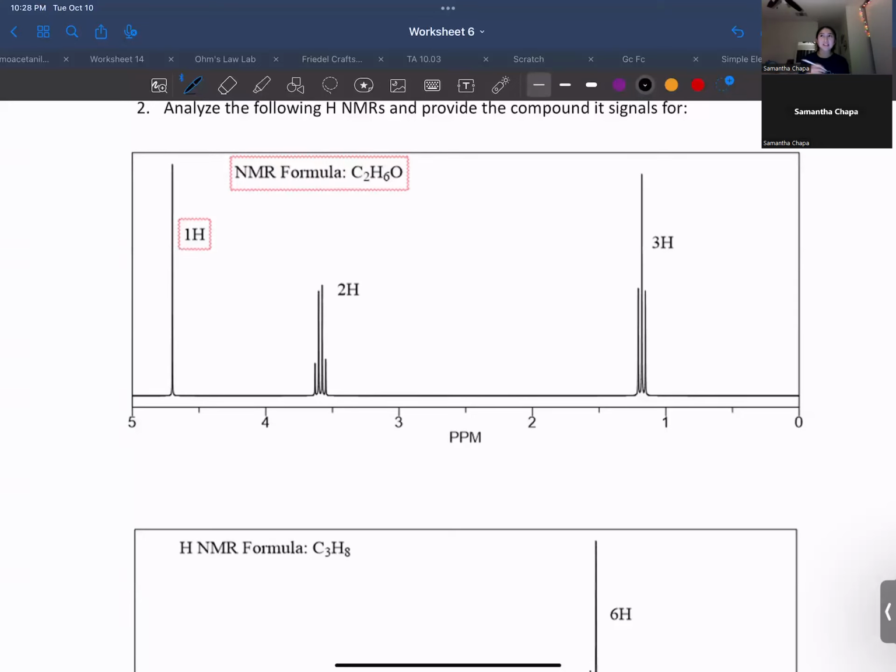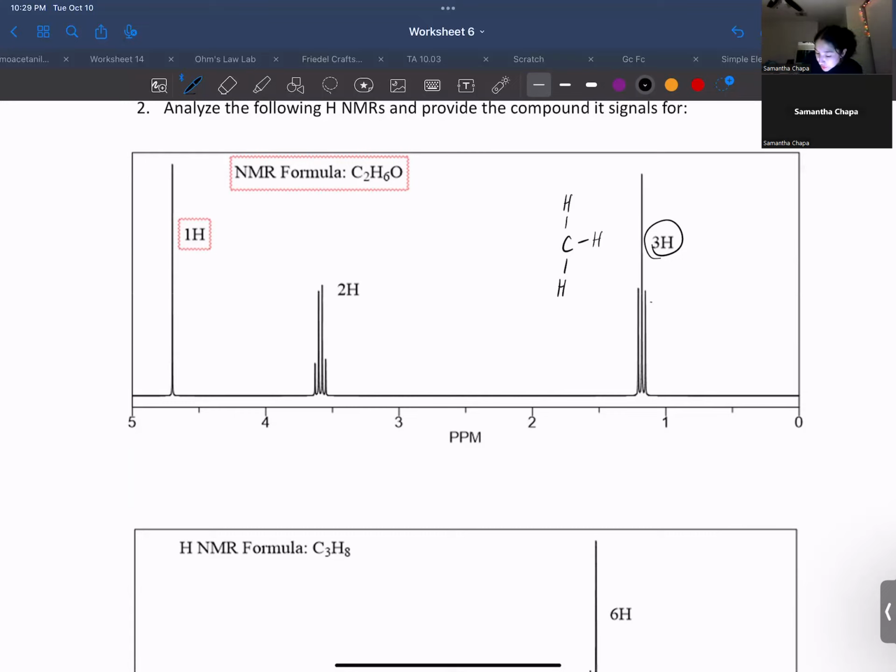So something with an integration of 3 is what I usually like to start with, because I know that's the end of my compound. So I'm gonna start with this one. It has an integration of 3, meaning it has 3 hydrogens on it. And I like to start with carbon, but you can always play around with everything. But carbon's usually what it is. Especially if it's 3 hydrogens.